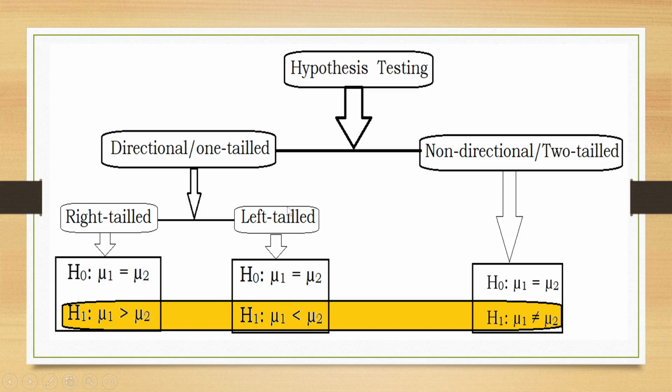And whereas in the left tail hypothesis, you'll find that the mean of one variable will be less than the mean of the other variables.